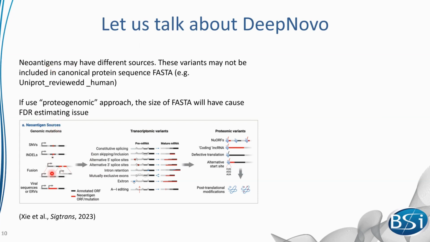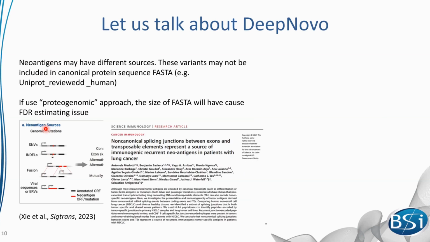Just like what is described in this paper, we will find different sources of neoantigens. What's more, a more recent paper reports that non-canonical peptides are made from splicing.